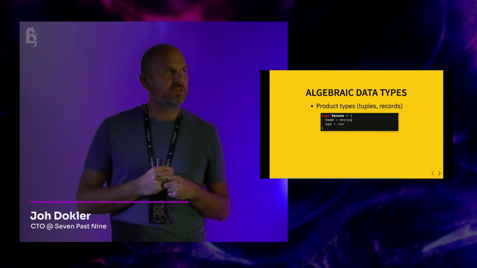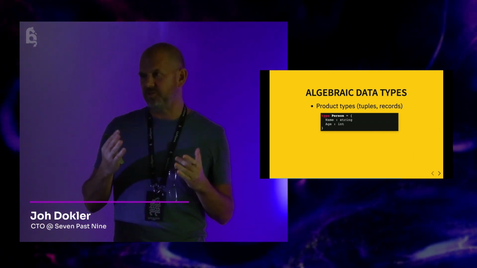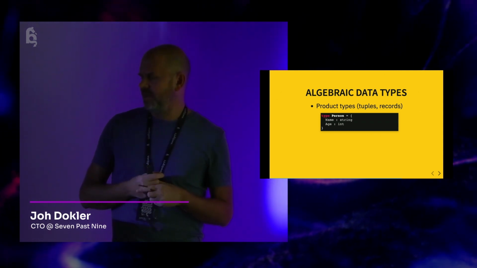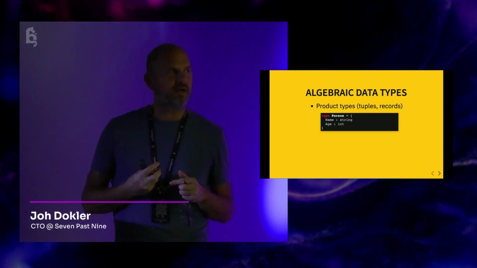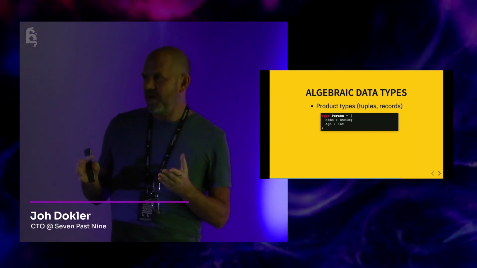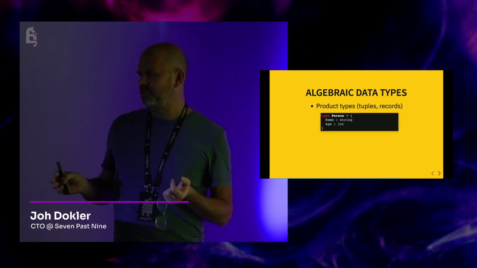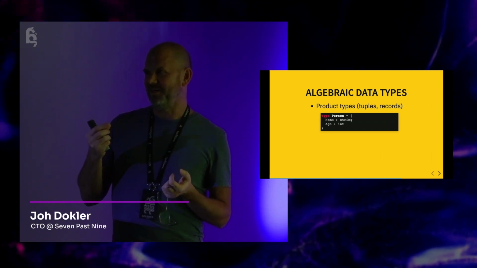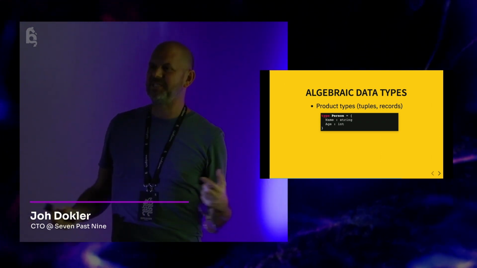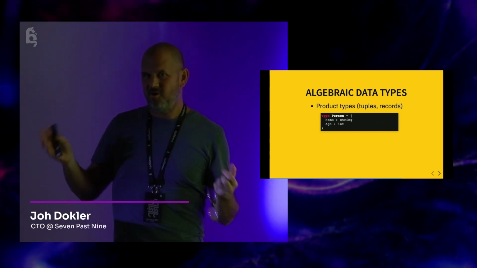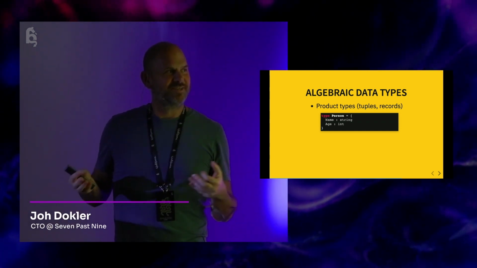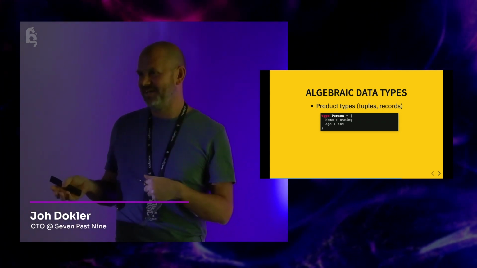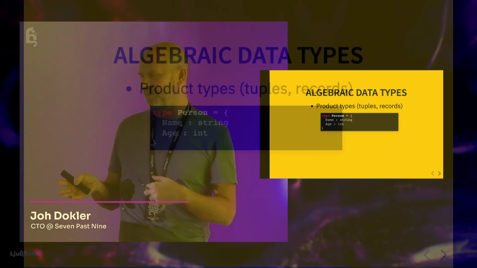Why are these called product types? Maybe not so clear from the beginning, but what you can imagine is that they represent a product of all the possible values of name and age, okay? So they cover a really big space of all the ages of John and all the ages of Nick and Jim and Jill.